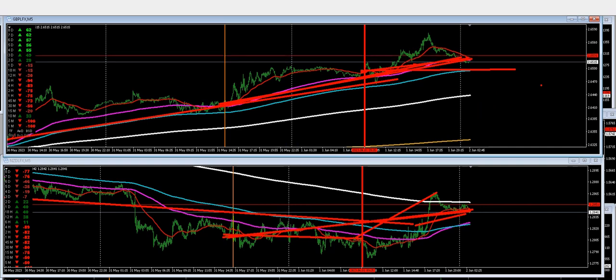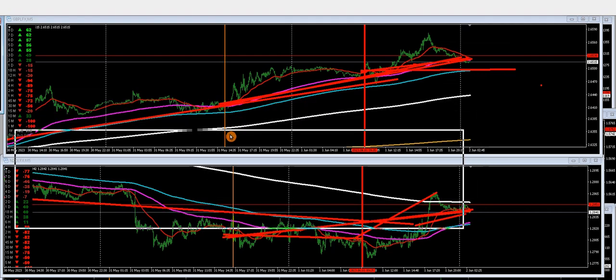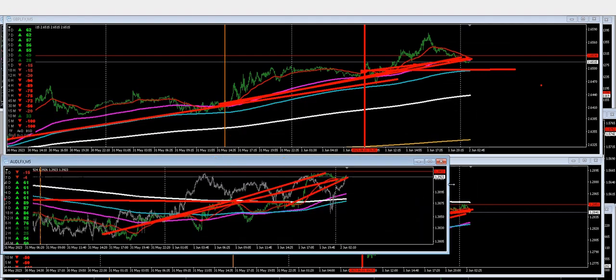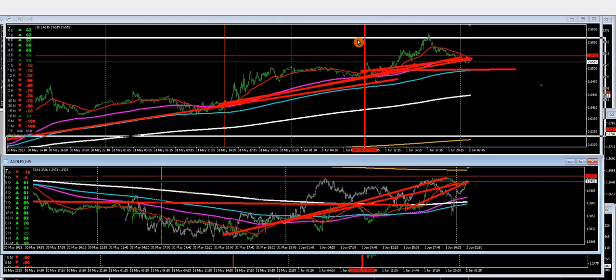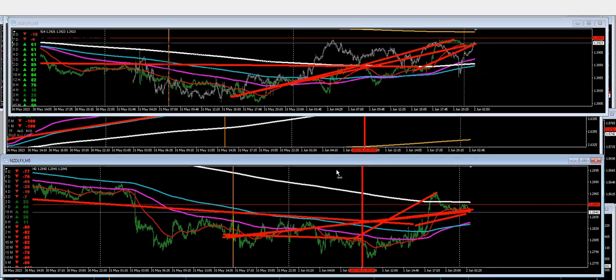We're seeing the same deal in Aussie also, but Aussie's kind of had its first initial strength here already, more so than New Zealand. Okay, we've got the Aussie here. I mean, it's already started from here. Yeah, it's increased.